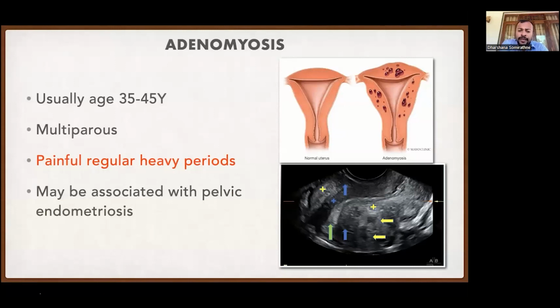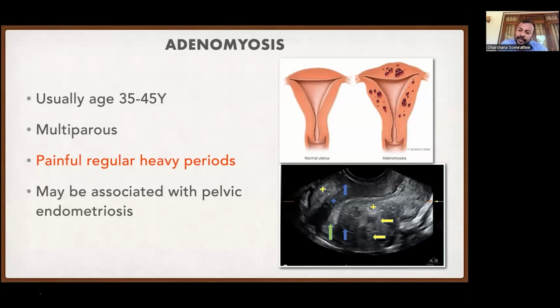Usually their periods are regular. The flow is increased, the period is regular, and there is pain as well. That's why I highlighted in red: a painful, regular, heavy period.